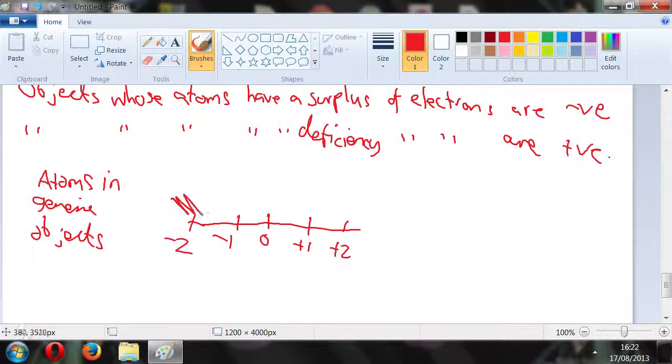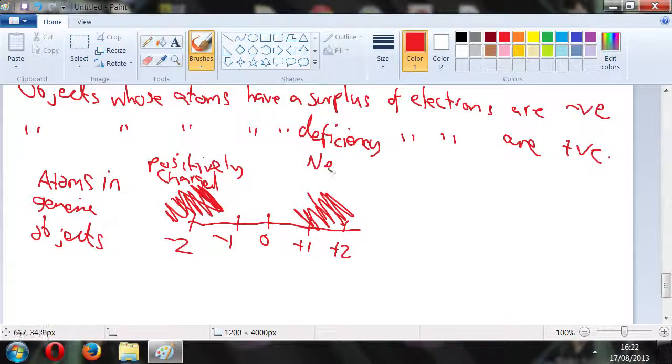All this area here is positively charged, and all this area over here is negatively charged. Well, I don't know if I should say all this area, because obviously we're dealing with individual electrons. But at the very least, we can say these points, -1, -2, positively charged, +1, +2, negatively charged.